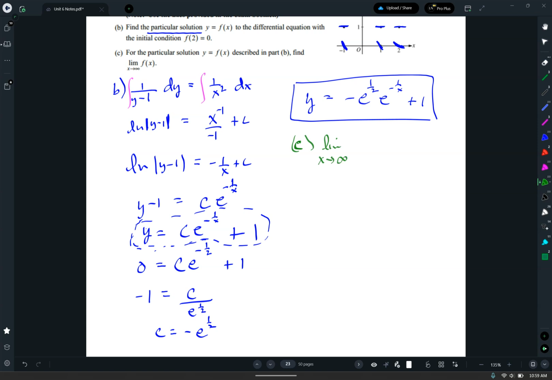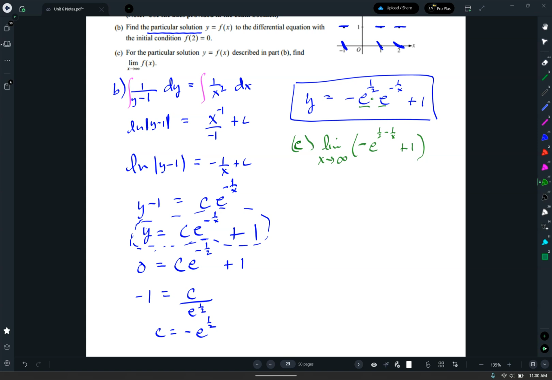Now, one thing I am going to do: here's going to be my negative. And because these e's are being multiplied, I can add those exponents. So I can think of this as e to the 1/2 minus 1 over x. And then at the end, I have a plus 1.